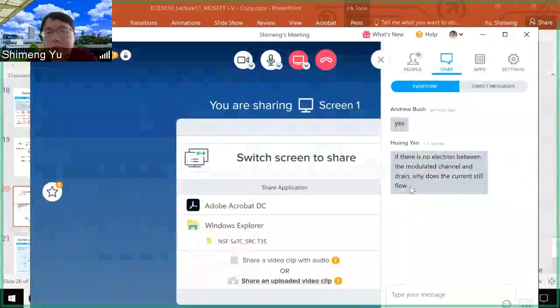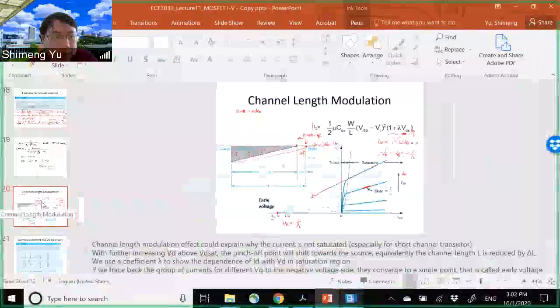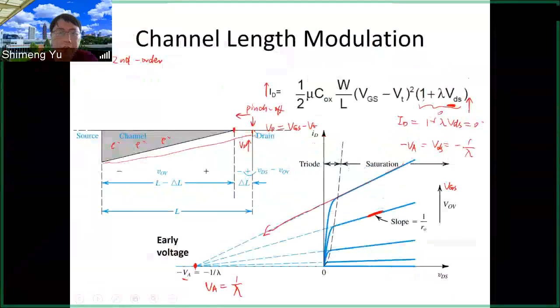One question here: if there's no electron between the modulated channel and the drain, why does the current still flow? Okay, this is a very good question. You are referring to here. This is a simplified physical picture to talk about the pinch-off point moving to the left.